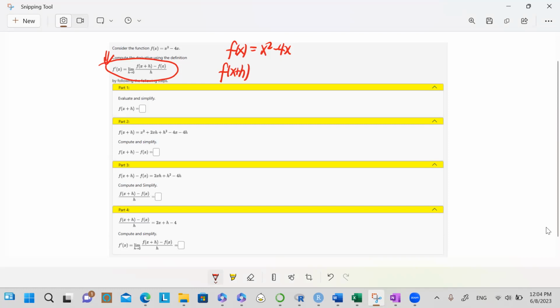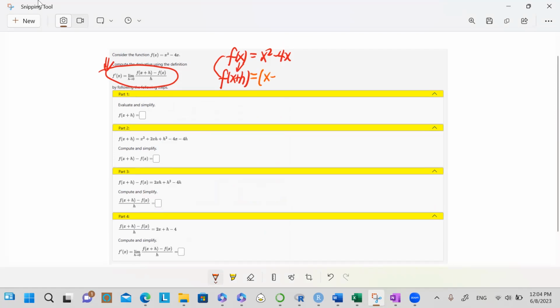Again, we're talking about the same function f. The function does not change. The only thing that changes is the variable. We're going from x to x plus h. So whenever you see x, it becomes x plus h. So the first term becomes x plus h squared minus 4 times x plus h.